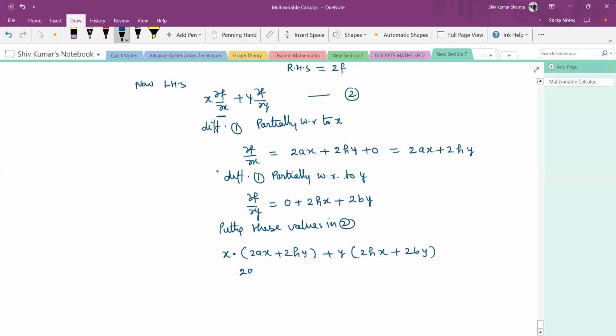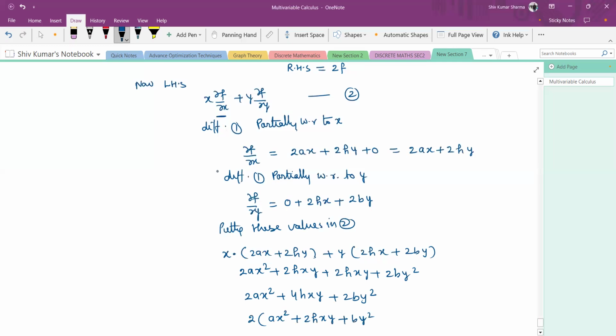This gives 2ax square plus 2hxy plus 2hxy plus 2by square. Okay, so this gives us 2ax square plus 4hxy plus 2by square. Here we can take a common 2. So this gives us ax square plus 2hxy plus by square.